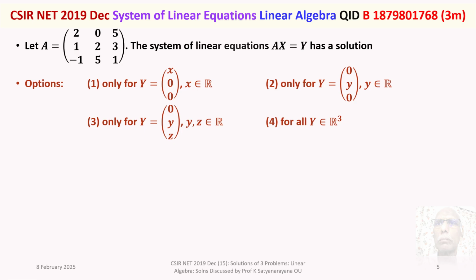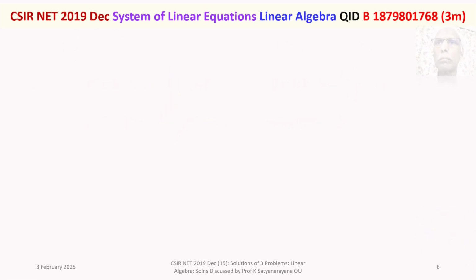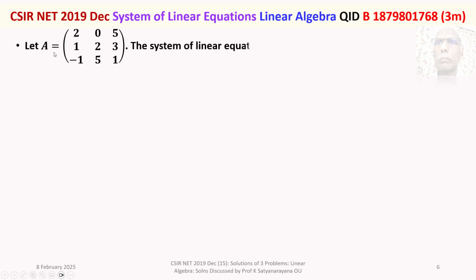Let's now discuss the solution of the problem in detail. So we have that 3 by 3 matrix, and we are given the system of linear equations Ax = y, and we are asked to find under what conditions it has a solution.